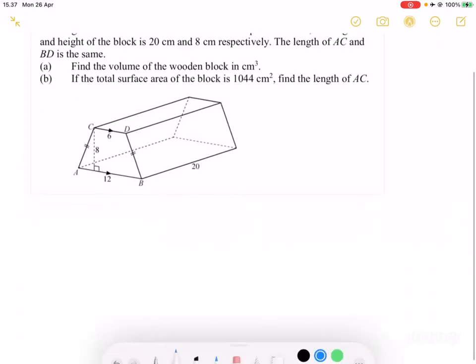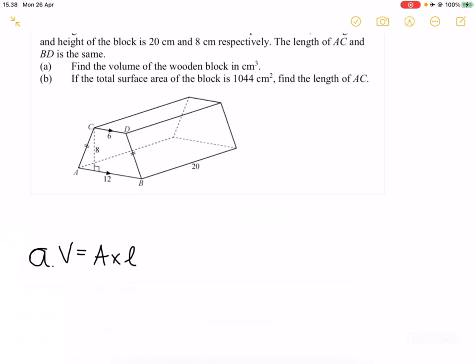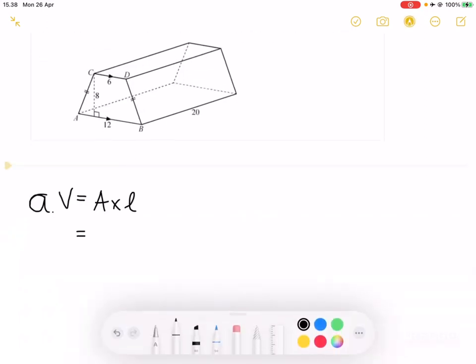Alright, let's solve part A first. Part A should be technically simple since it is volume. The volume of the solid will be the area of the base times the length. The area of the base is the area of a trapezium, which is a half times the sum of the parallel sides, 6 plus 12, times 8, which is the height of the trapezium, in centimeters squared, followed by the length, which is 20 centimeters.